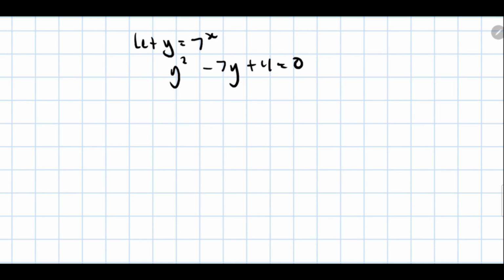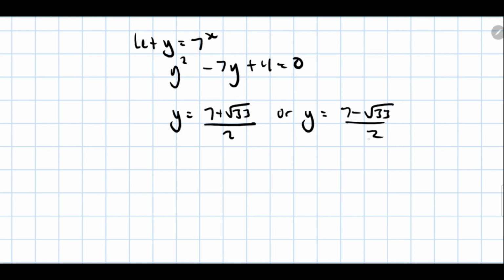Since time is of the essence, let me use my calculator real quick. So 1, minus 7, plus 4. Now we have an irrational value: y is equal to 7 plus square root of 33 over 2, or y is equal to 7 minus square root of 33 over 2.